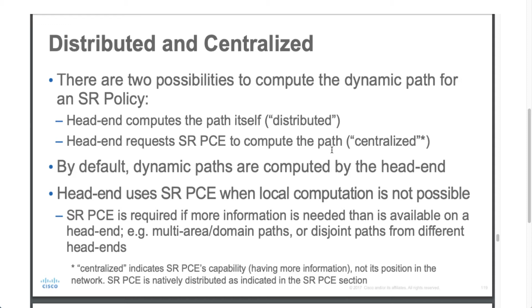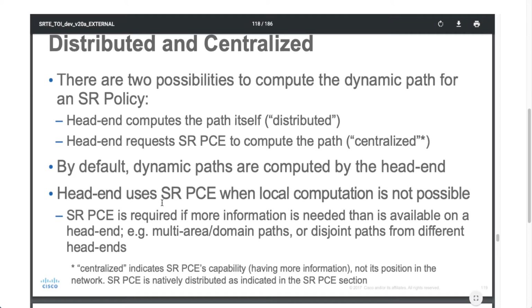By default, dynamic paths are computed by the head end, and that's what we had seen in our past hands-on: whenever we created a policy, our head end was responsible for computing the path from the source node, in this case the head end node, to our endpoint, which is our destination.